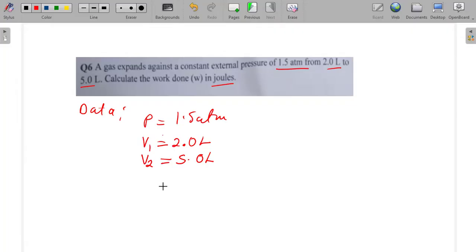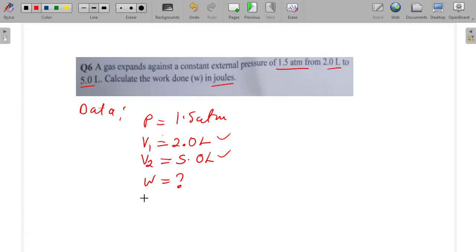Okay, so the question is asking us to calculate work. So work will be equal to, we don't know. That's what we are looking for, isn't it? So here we've been given the first volume and the second volume. That can help us to calculate the change in volume, isn't it?